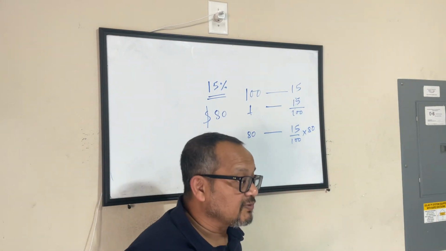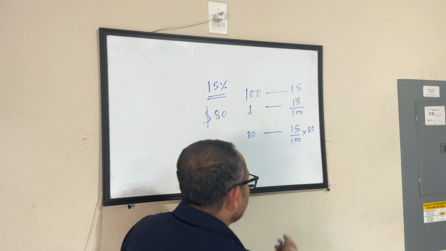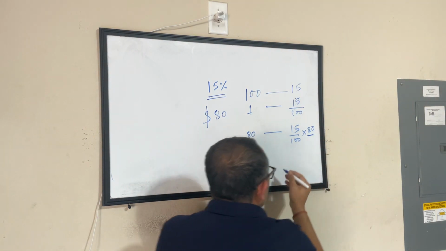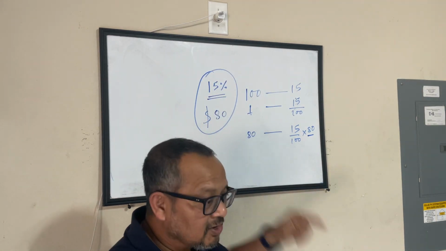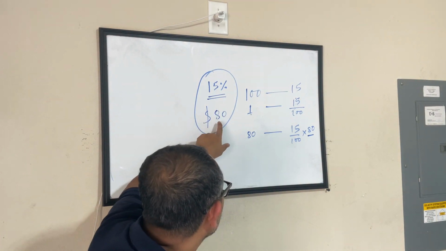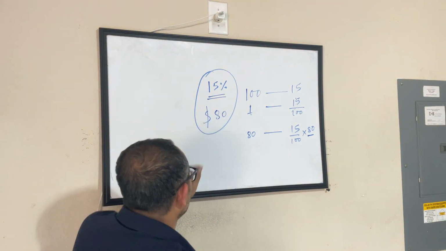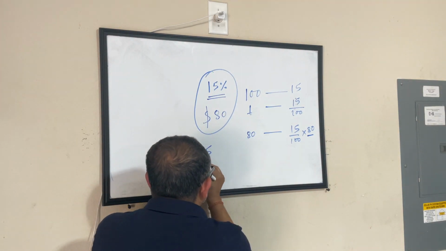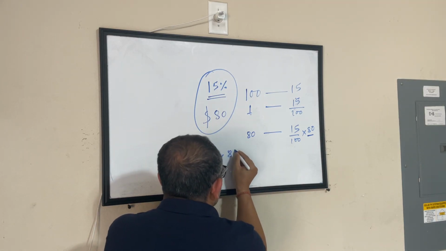Now, there's another way of looking at it. So far I'm not teaching math, I'm only talking about English. What we're trying to find out is how much, my discount offer is 15%. So how much is 15% of 80?